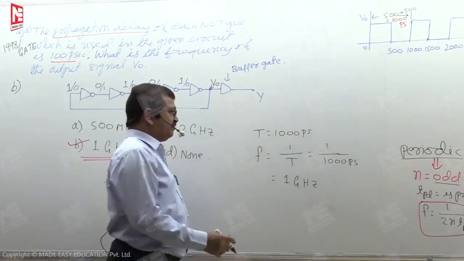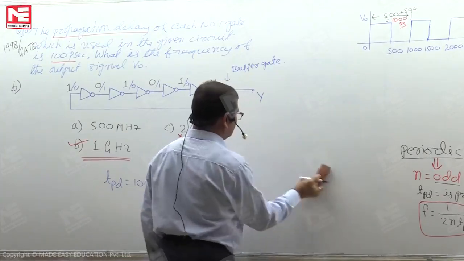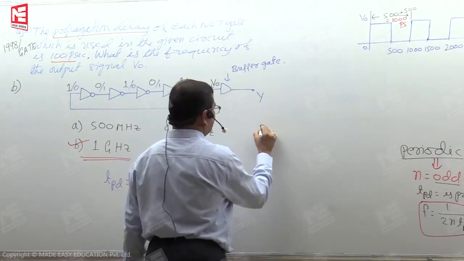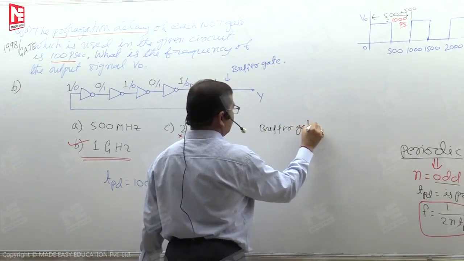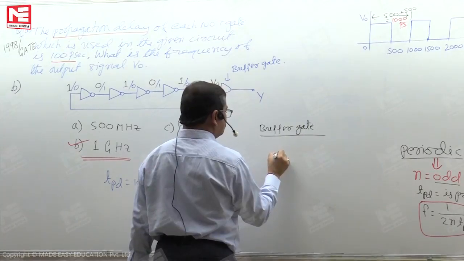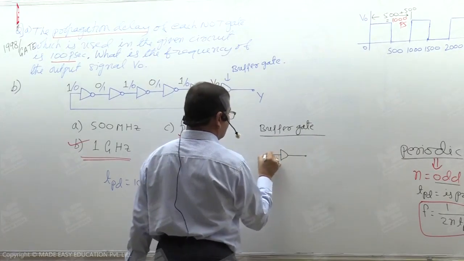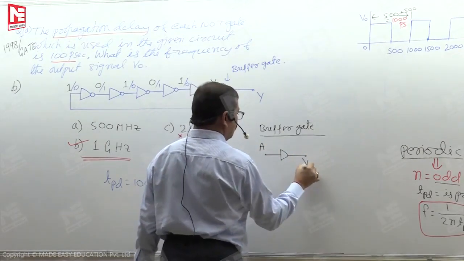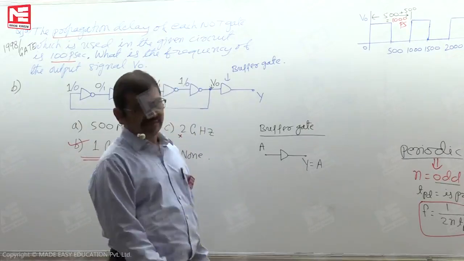So the buffer gate always produces the output same as the input. If the input is A, the same A comes out.